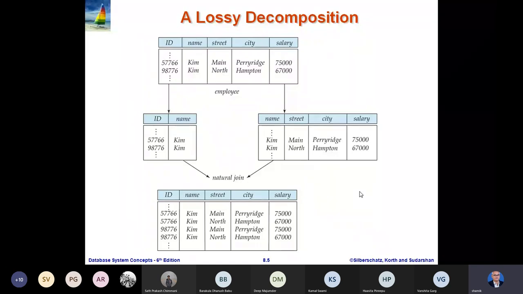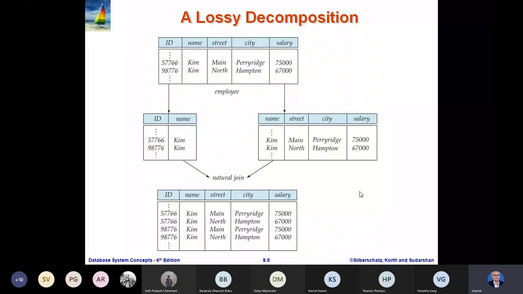Now, when we decompose one relation into, say, two relations, then ideally by joining back those two relations using our standard SQL joins, we should be able to get back the original relation, meaning the data that was there in the original relation, we should get it back.